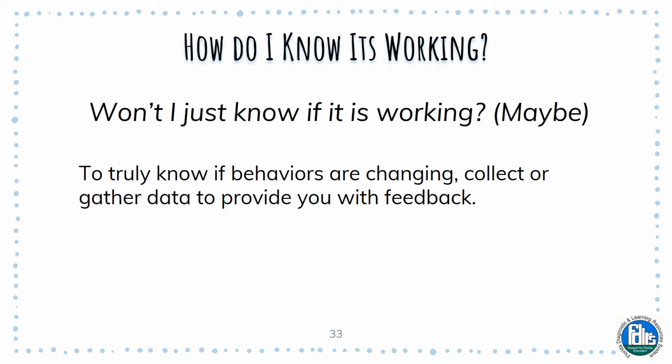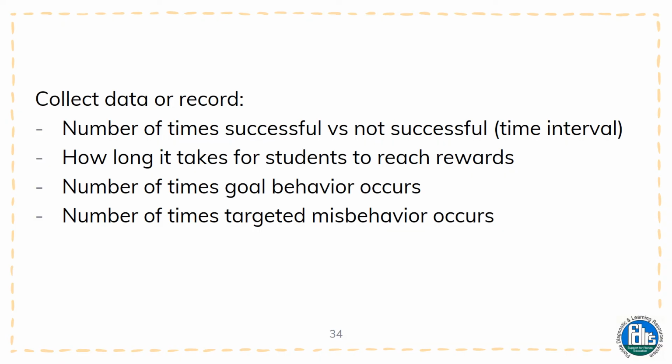So in that case, we need to collect data to provide us with feedback. And we can use data collection systems just by doing tally marks. So we could do the number of times successful versus the number of times not successful within a certain time frame. We could look at how long it takes the students to reach that reward.